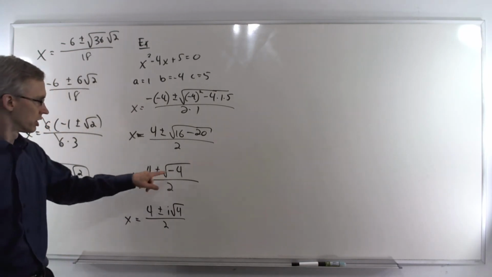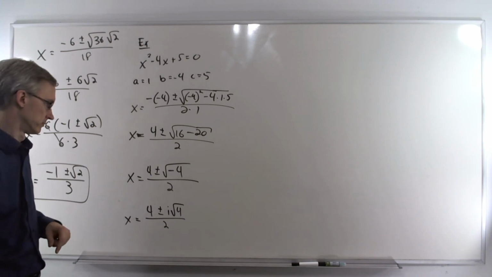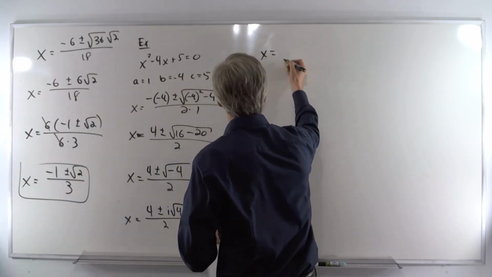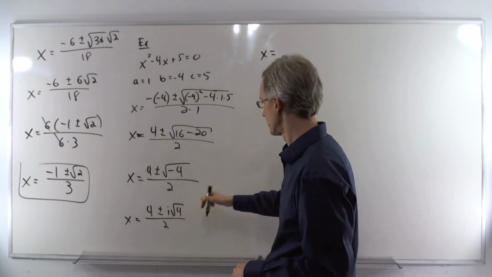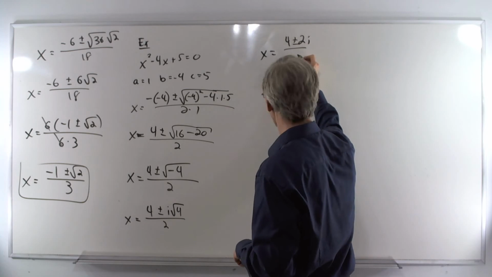Alright, we're going to change the square root of negative 4 into i times the square root of 4. And now, the square root of 4 is 2, so we get 4 plus or minus 2i over 2.